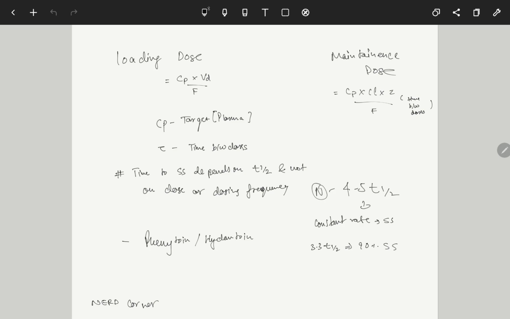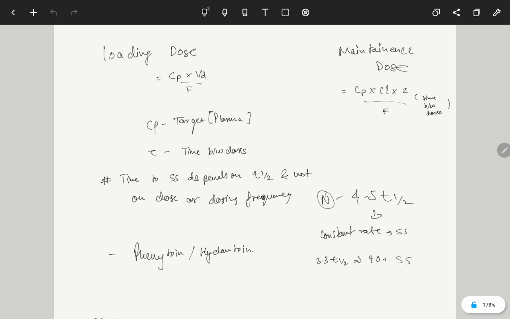The target drug concentration you want depends upon how much of it is distributed into fat, because we are concerned with plasma and bloodstream volume, and upon bioavailability, because bioavailability, like I told you, may be 0.75, and some of the drug will just not go into the system. So this is loading dose.